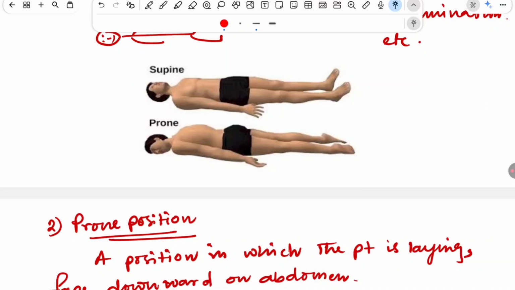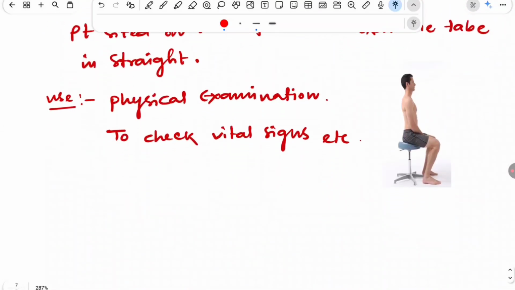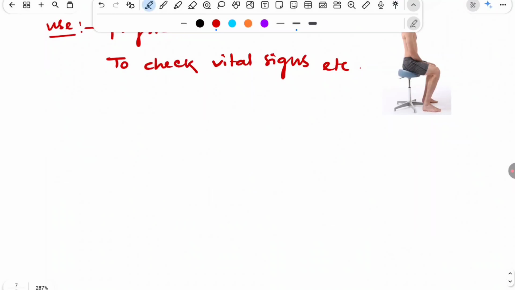Upside, looking up, and torso also upside. But in prone position, you can see the head is to the side and he is sleeping on abdomen. Abdomen is downside. So this is prone position.